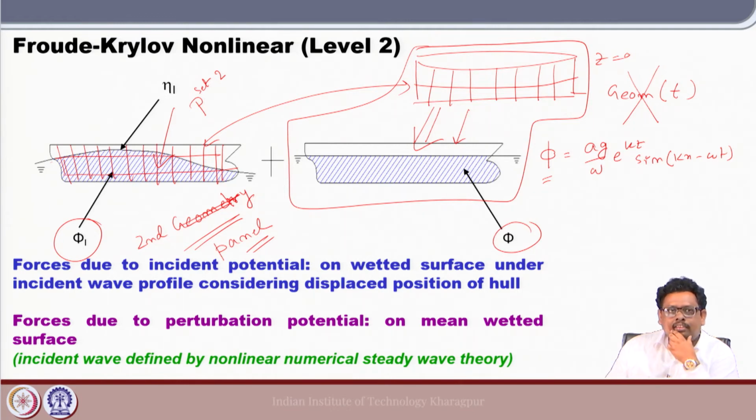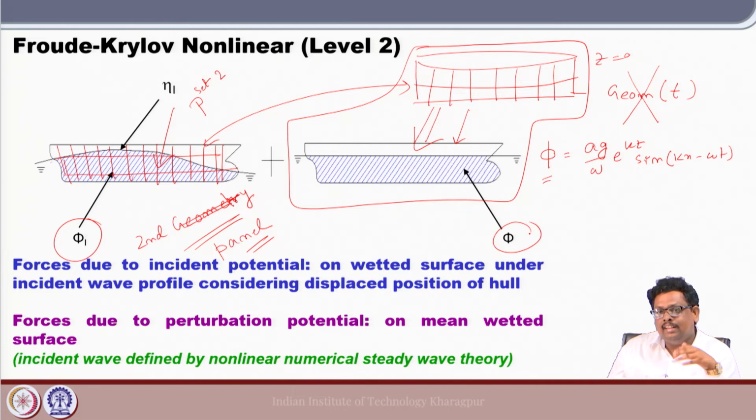So, this is level 2, and this is advantageous because I am not doing the paneling for the phi, I am only doing the paneling for the incident, which is easier. Why?